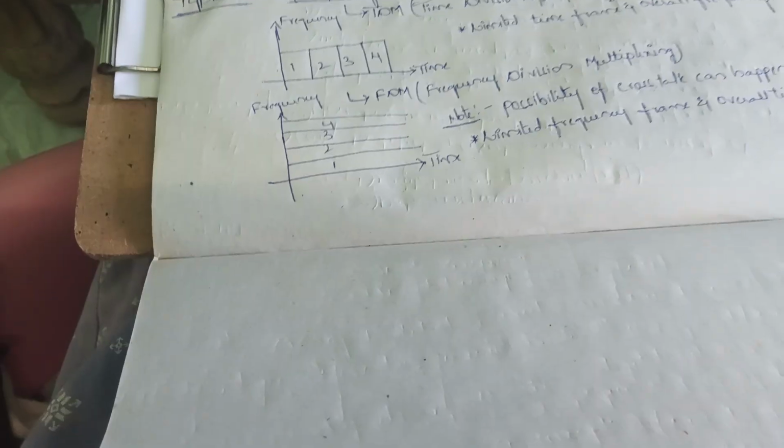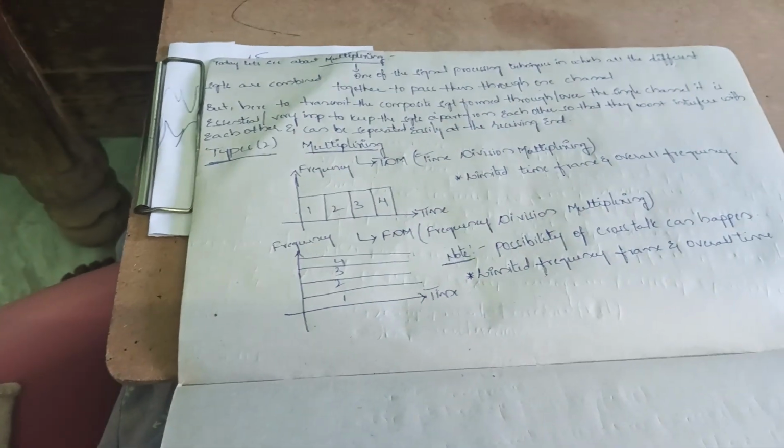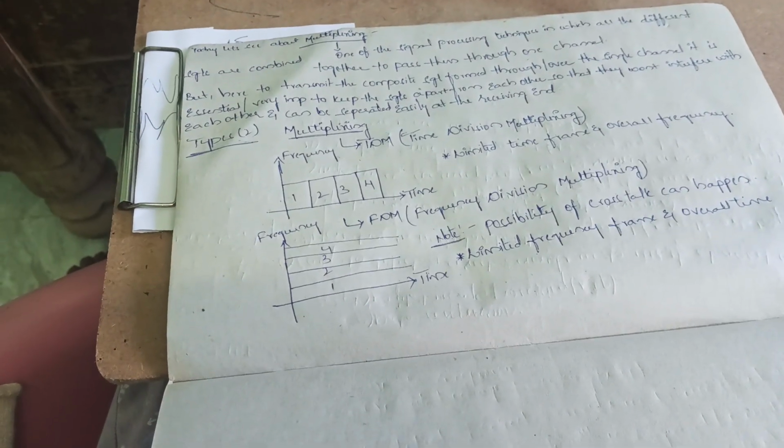Till yesterday's videos, we have learned about the basic block diagram of the communication and what communication means, and mostly we have learned about the channel and the types of channels that we are working on in the communication system. And in yesterday's video, we have learned about the advantages and disadvantages of digital communication.